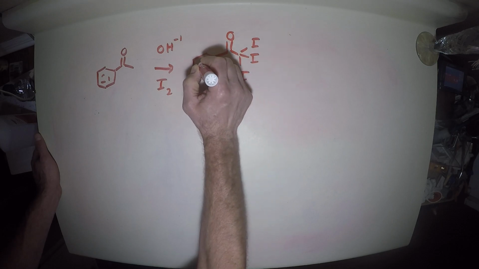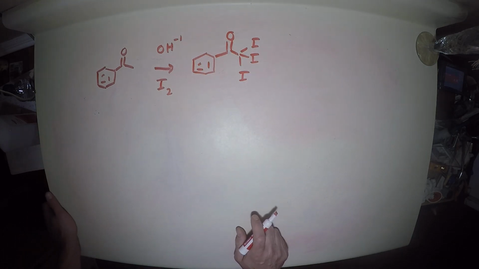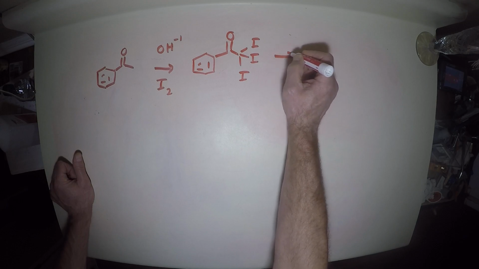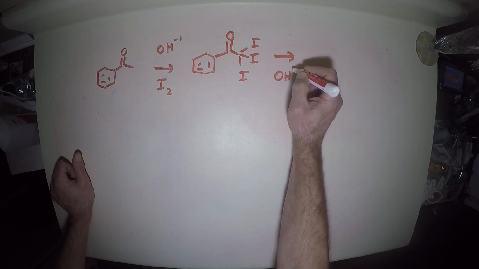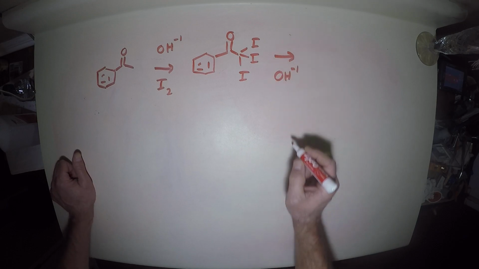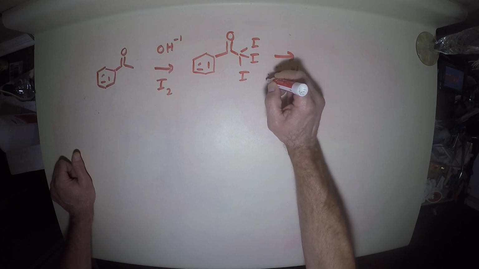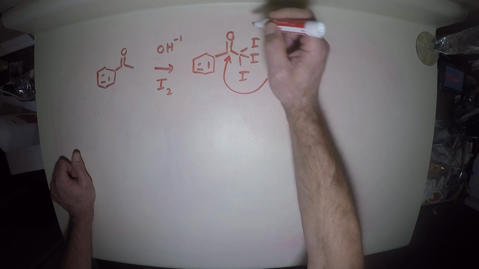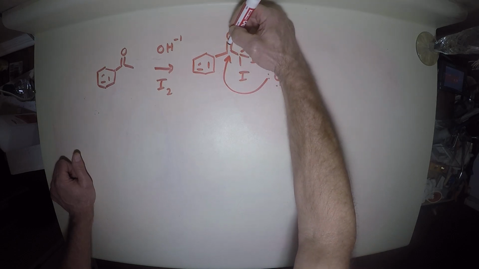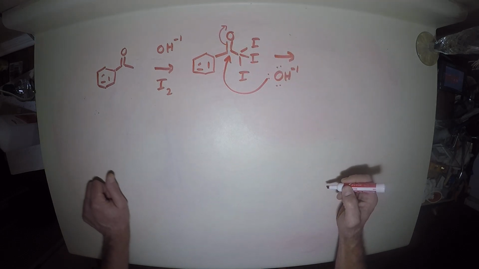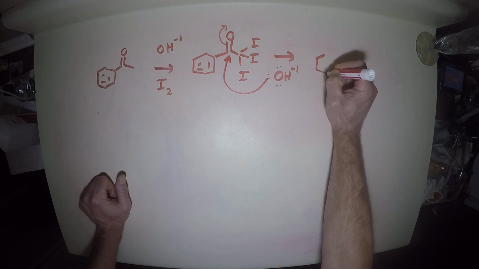the triiodo species. And then, since we're doing this as a base promoted reaction, the hydroxide can then attack the carbonyl.